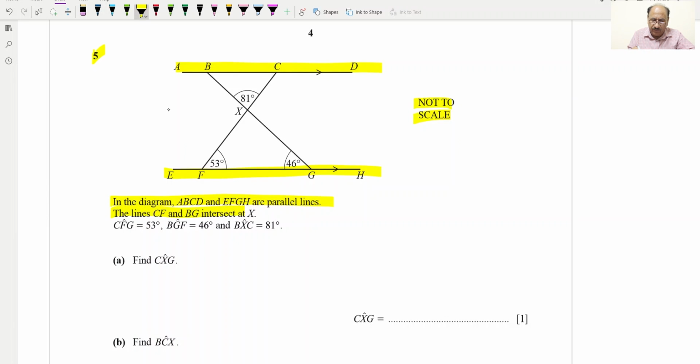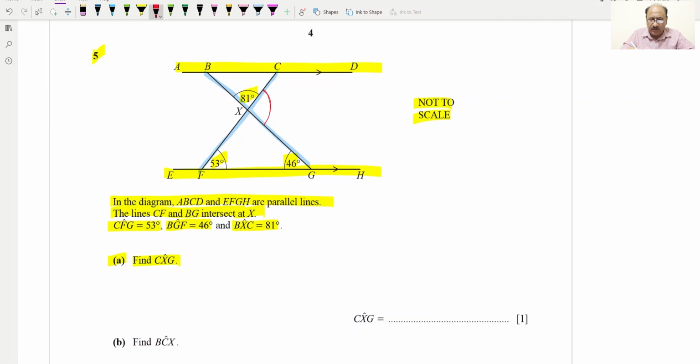The lines CF and BG, CF is this one and BG is this one, intersect at X. So they are intersecting at X. CFG is 53, this one is 53, BGF is 46, this is 46, and BXC is 81, this is 81. So A part, find CXG. CXG is which angle? CXG is this one.